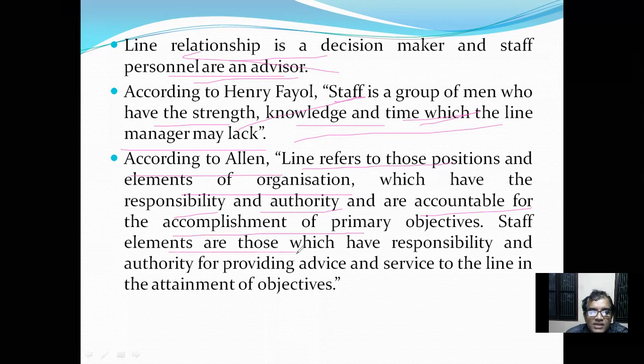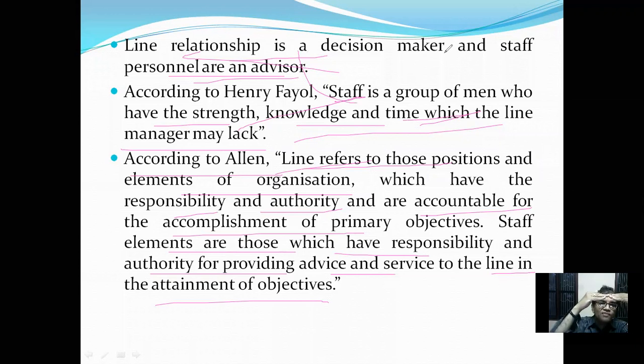Whereas staff elements are those which have responsibility and authority for providing advice and service to the line in the attainment of objectives. So line are the original workers, whereas staff provide advice: what to do, why to do, when to do, where to do, how to do. Staff personnel will advise the line staff. So that is line and staff organization.